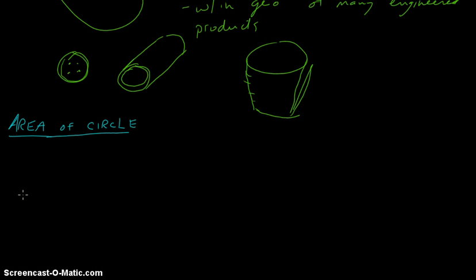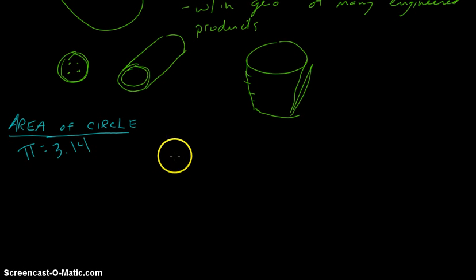We're next interested in calculating the area of a circle. If you are going to find the area of a circle, you need to be familiar with pi, which is 3.14. Pi is a constant ratio between the diameter of a circle in relation to its circumference.